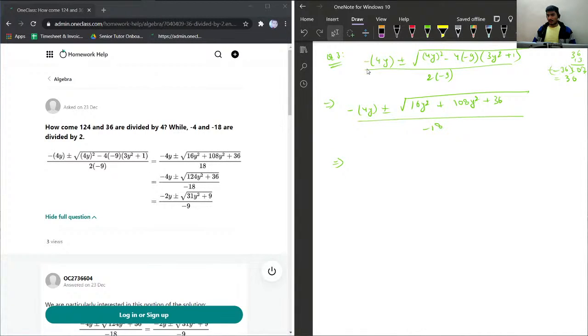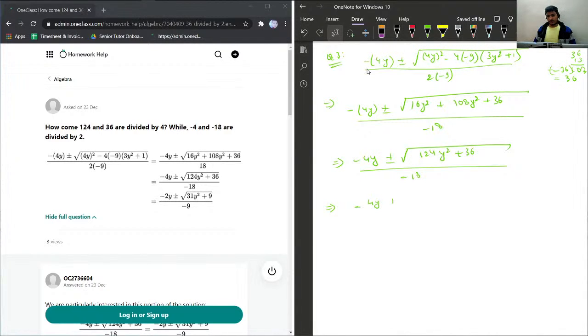Now I will add these two, so this will become 124, I think, yup, minus 4y plus minus under root of 124y square plus 36 over minus 18.